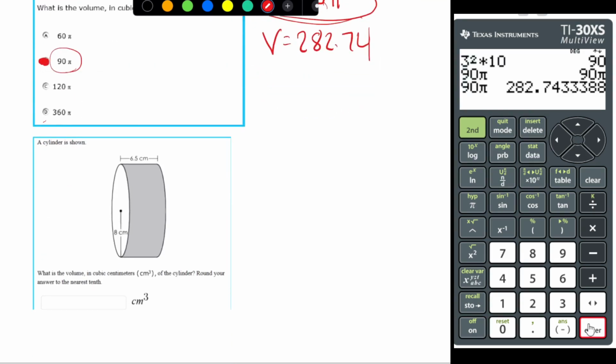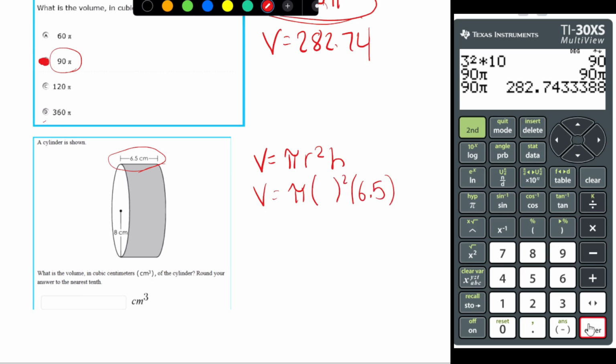All right, a cylinder is shown. What is the volume in cubic centimeters of the cylinder? Round your answer to the nearest tenth. So now it wants you to calculate it all out. Our height is 6.5 centimeters. Pi r squared h.